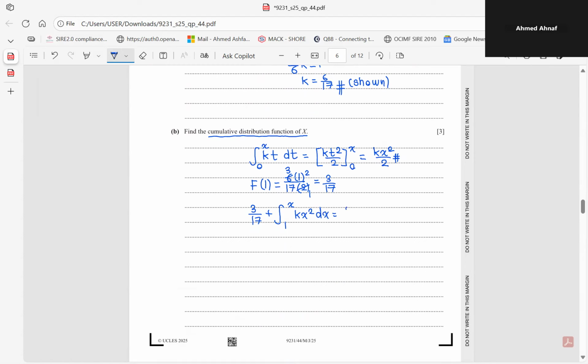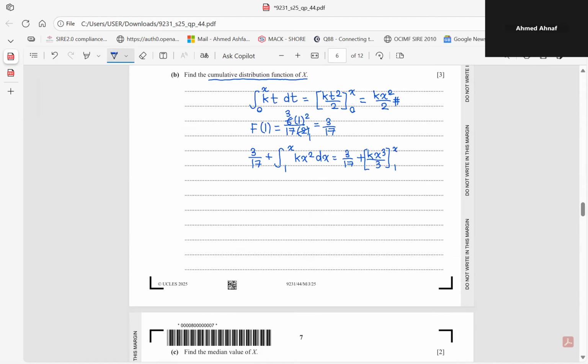Then you get 3 over 17 plus kt cubed over 3 from 1 to x. Oh, sorry, this is t, not k. So you get kx cubed over 3 minus k times 1 cubed, that is k over 3.